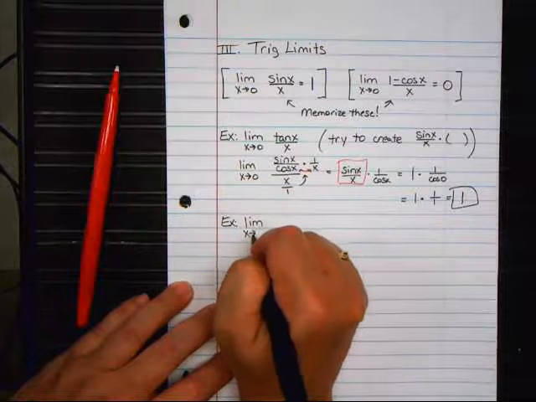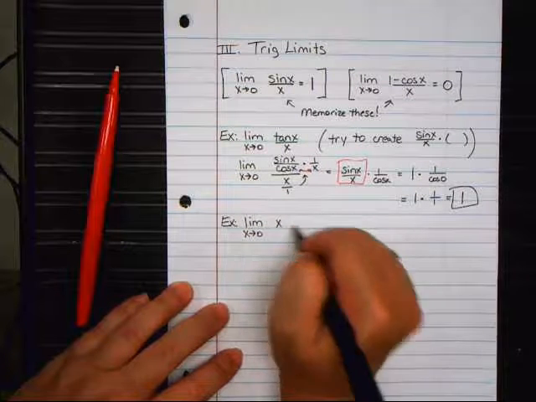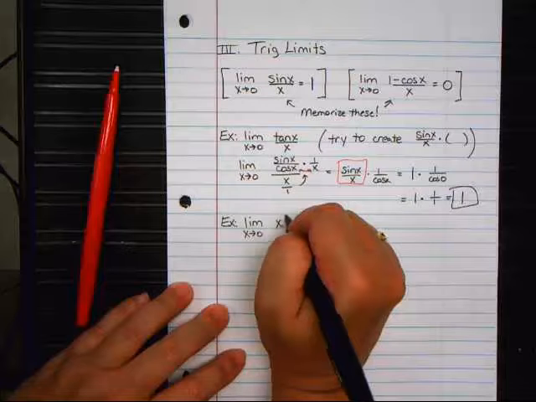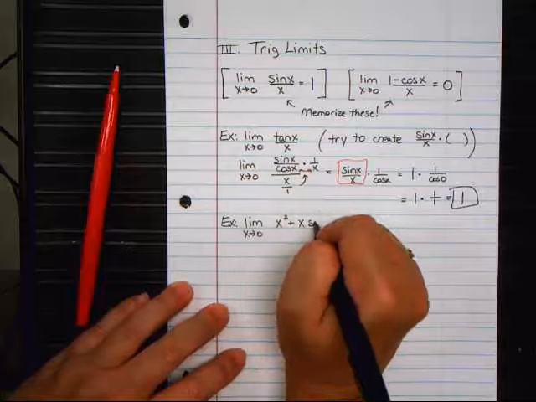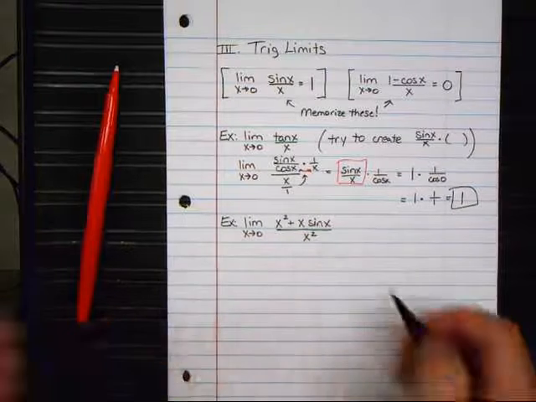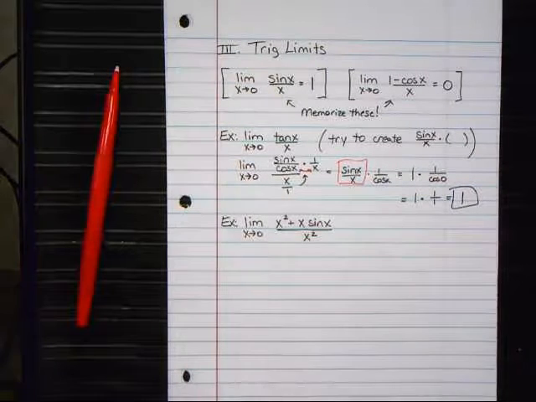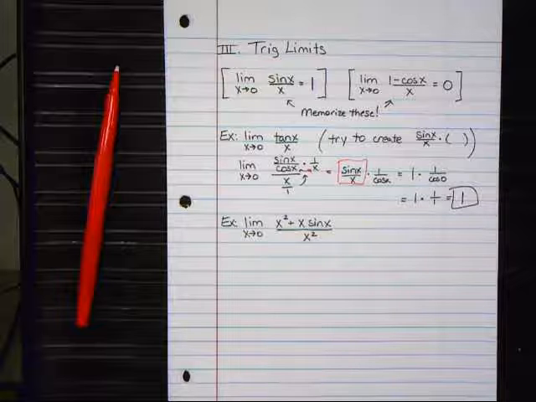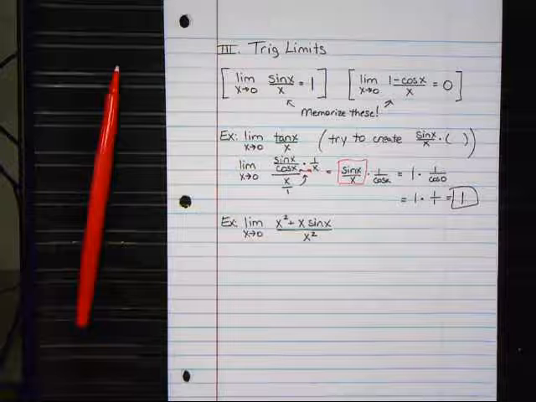Okay, next problem. Limit as x approaches 0 of x squared plus x sine of x over x squared. Okay, I need to take another little detour for a second, talking about what's mathematically legal, because that's one thing we need to know when we're doing calculus problems.